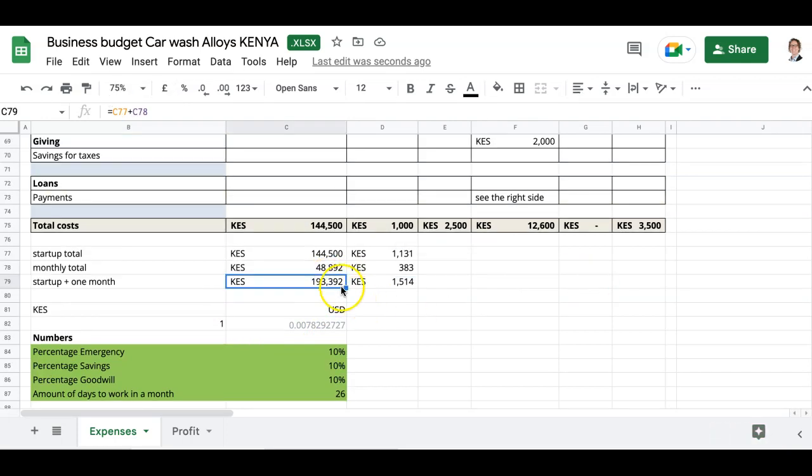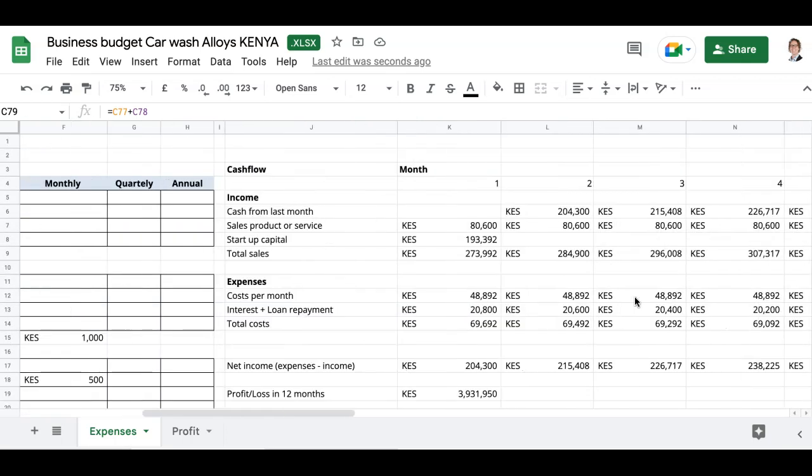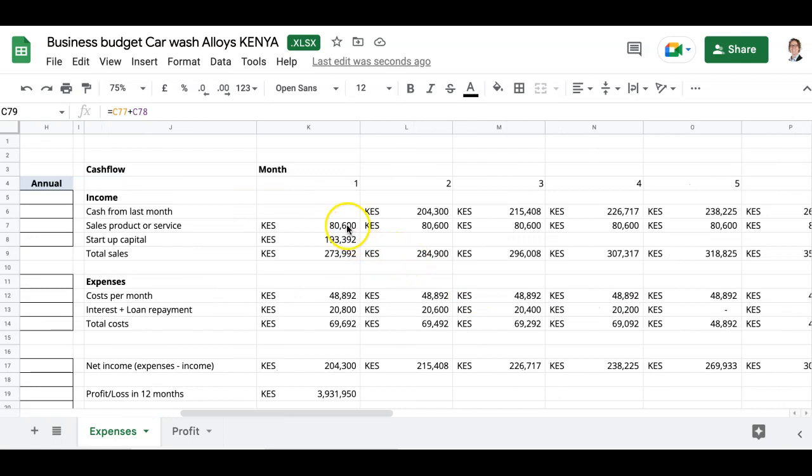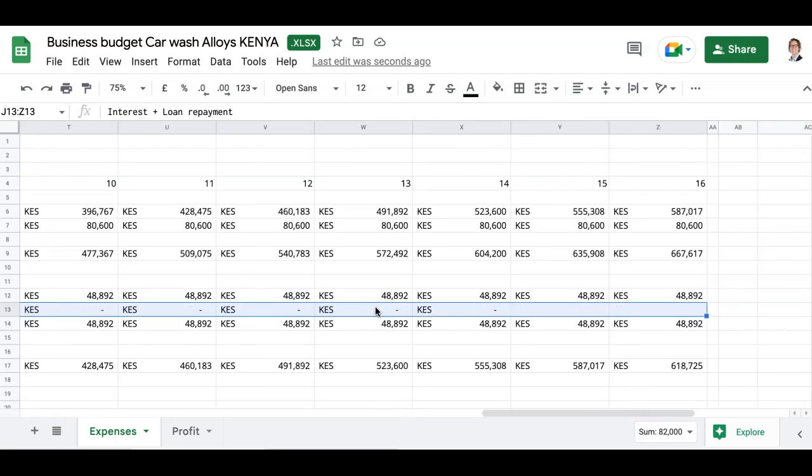Yeah, so this is actually what is necessary. Then this is your total income on month 1. And expenses on month 1 are this amount, but I see already I made a mistake here. Always good to check.